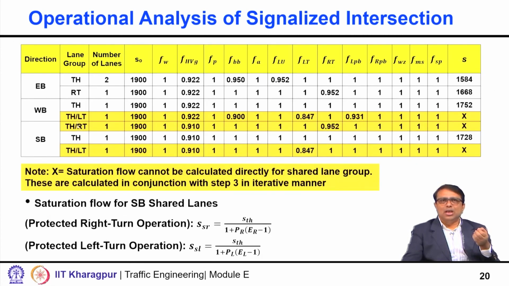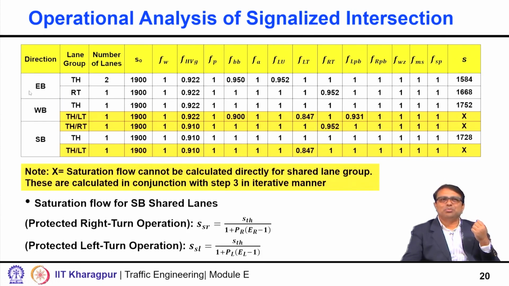Now, I take you to this mother table, where I can show for eastbound, westbound and southbound, each approach, for each lane group, what the corresponding adjustment factor values are. You can check it, you can do the calculation on your own based on this understanding, and I have shown you how you are actually calculating the saturation flow.